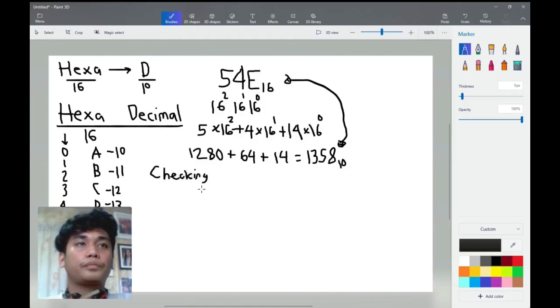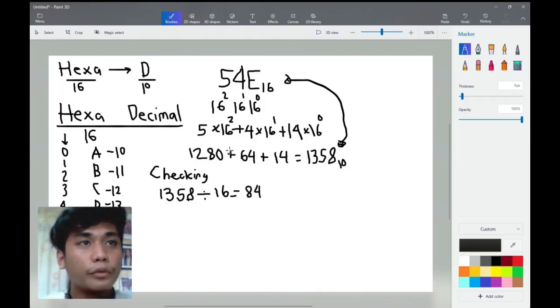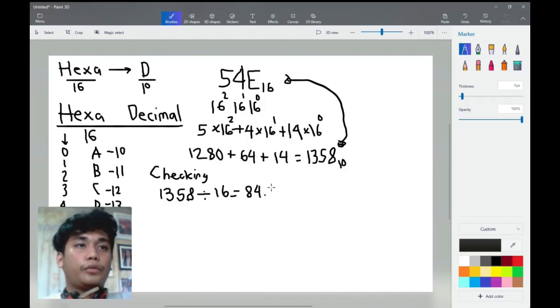So we have 1358 divided by base 16. 16 equals 84.875.